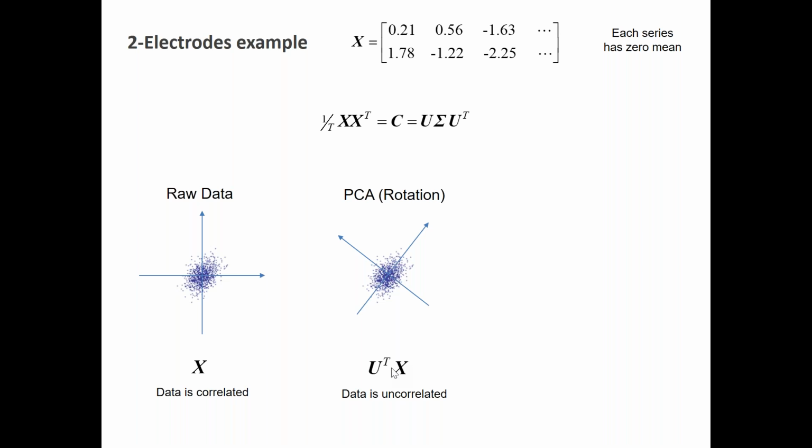If you remember, that means that now there is no more correlation. This is called principal component analysis, and you have probably heard about it. This is the first signal processing method we are going to talk about today. It's very simple. You just decompose the covariance matrix of the data. You take this matrix U, which is called the eigenvector matrix, and then you make this multiplication, and all of a sudden you have decorrelated the data.